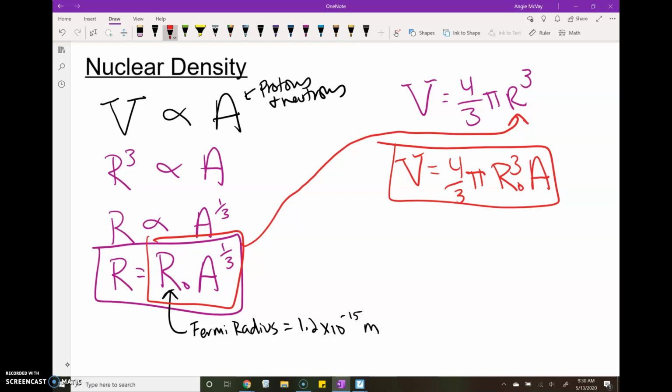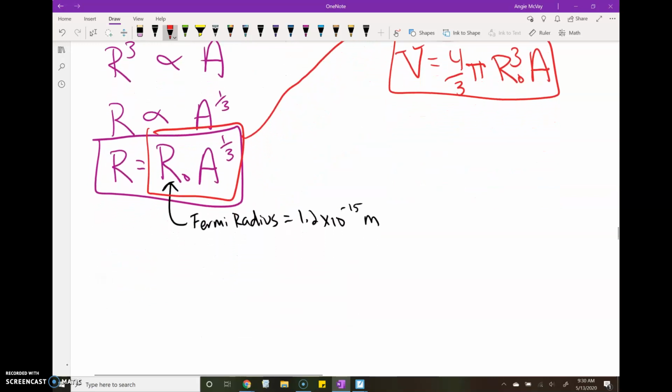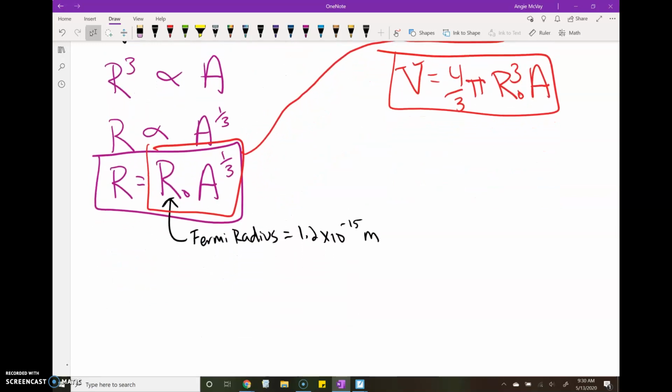All right, what are we going to do with that? What's the point? Oh, we wanted to find the nuclear density. We know density, abbreviated with the Greek letter rho, is mass per unit volume.